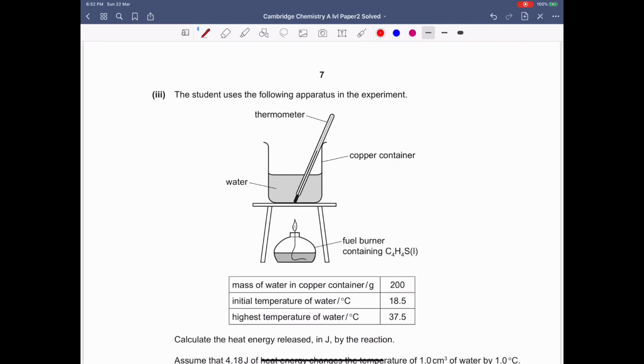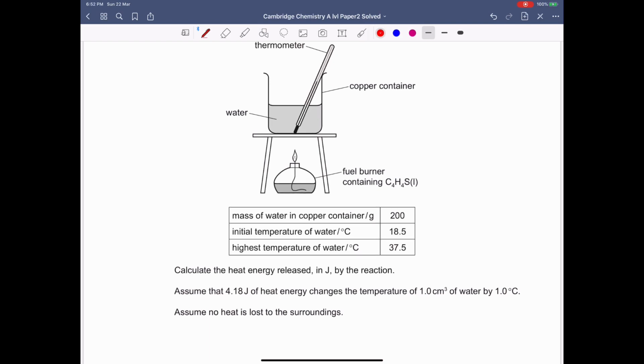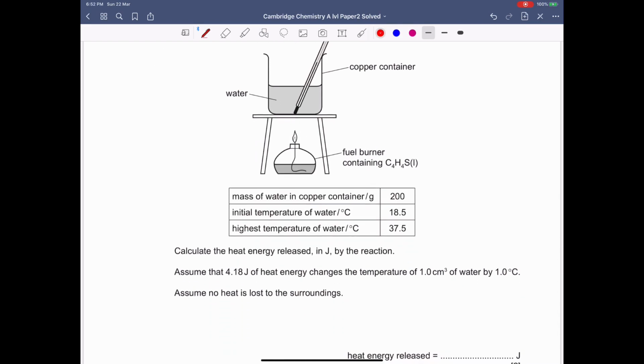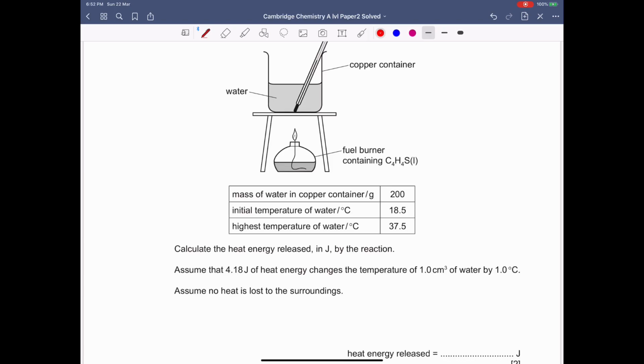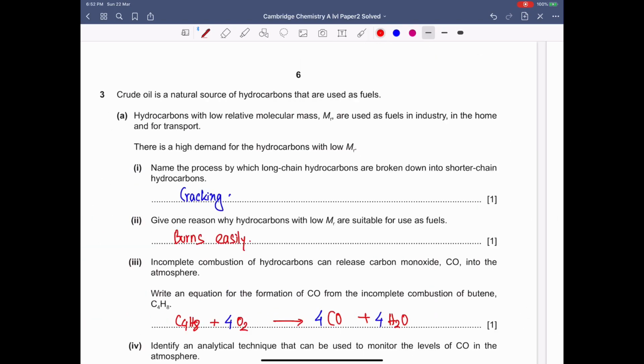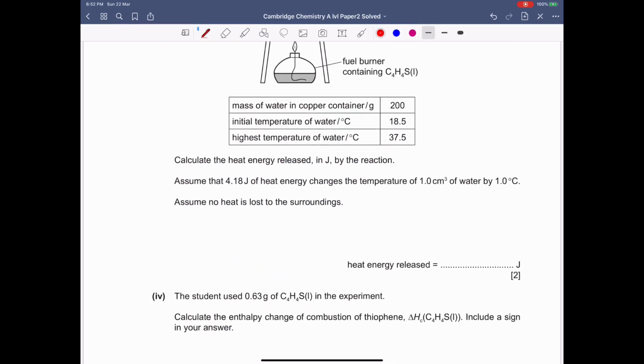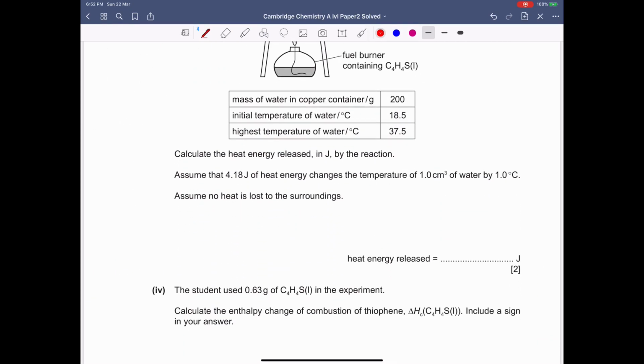The student uses the following apparatus in the experiment: thermometer, copper container, water, fuel burner containing thiophene. Calculate the heat energy released in joules by the reaction. Assume that 4.18 joules of heat energy changes the temperature of 1 cm cube of water by 1 degree Celsius.